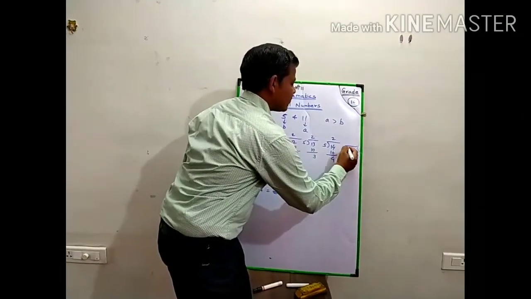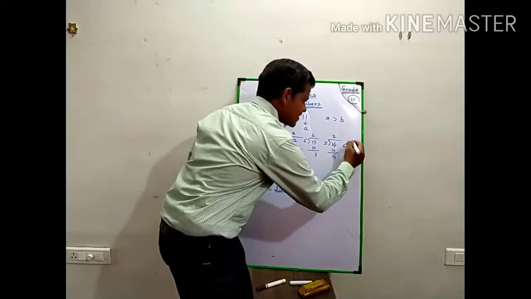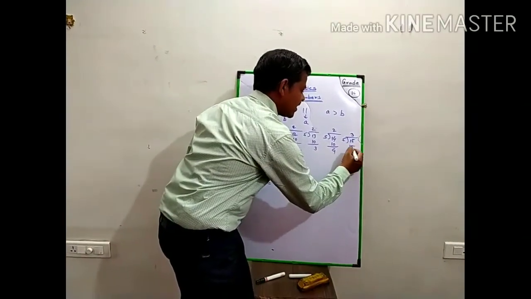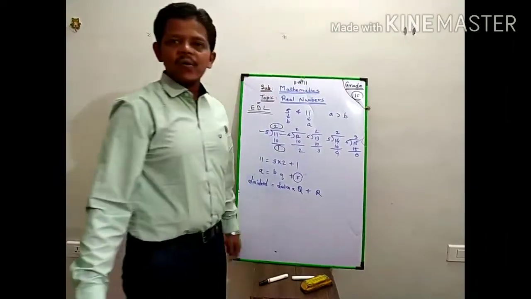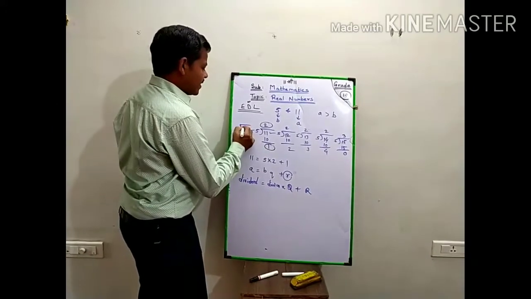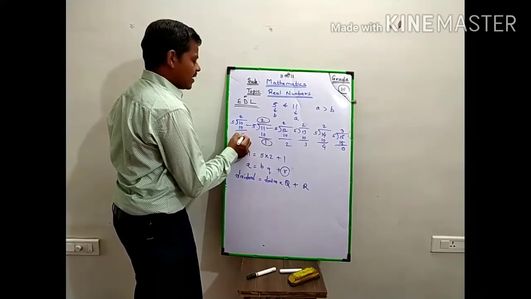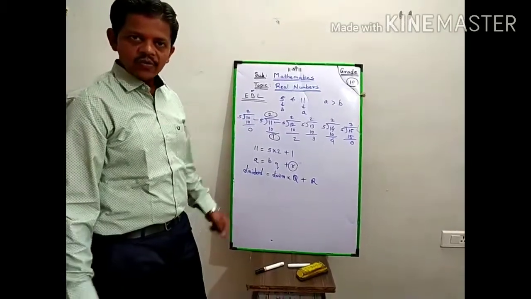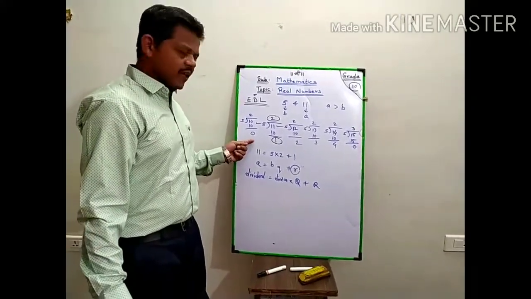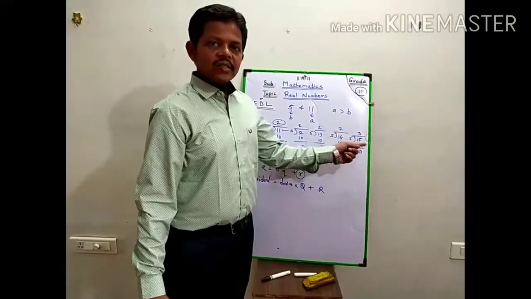15 divided by 5. What happens now? 5 3s are exactly 15. Remainder is 0. If I would have divided by 10, then 5 2s are 10, remainder is 0. So see what happened. Remainder was 0, 1, 2, 3, 4, 0.